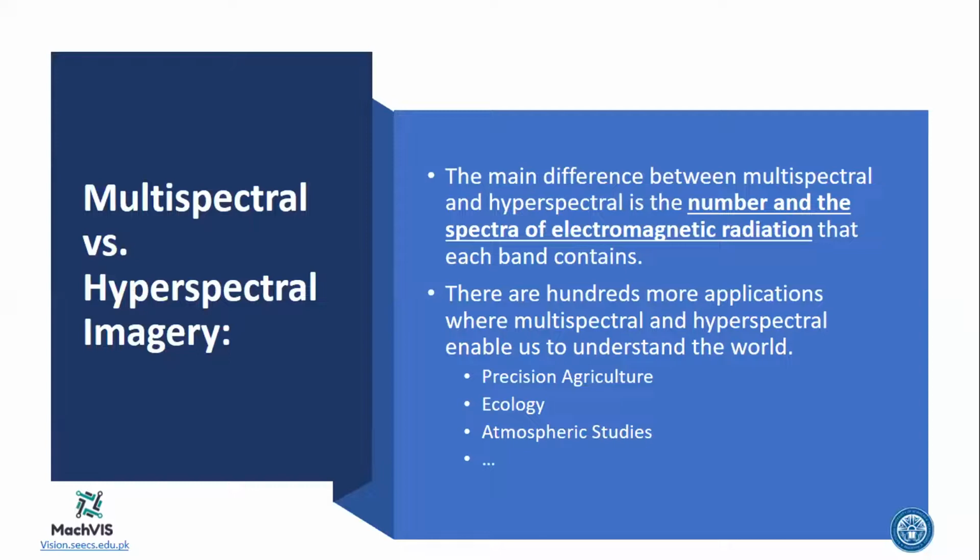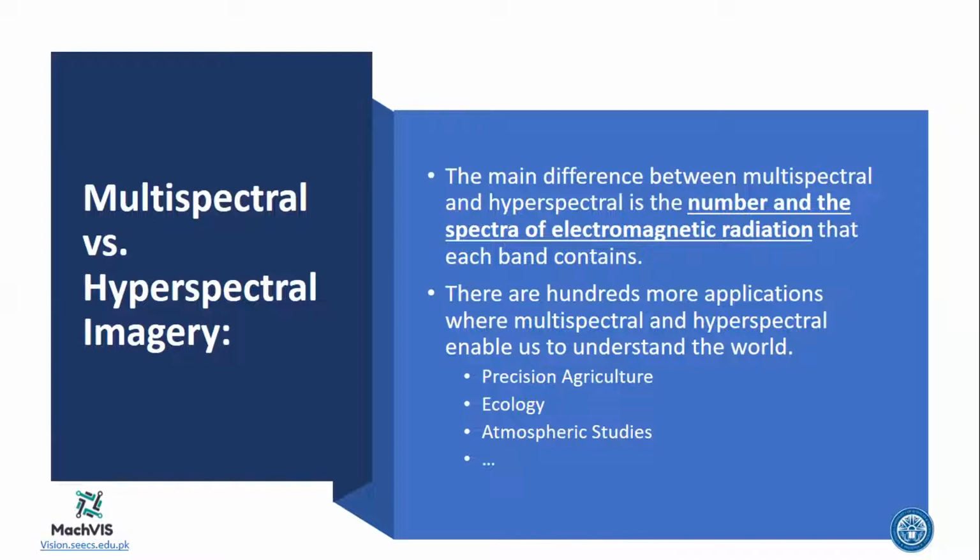So the first thing is we have to establish the difference between multispectral and hyperspectral imagery. We usually talk about multispectral bands and hyperspectral bands, but what's the key difference we have to establish first before going towards the advanced discussions.